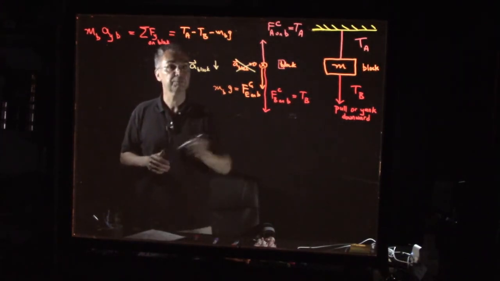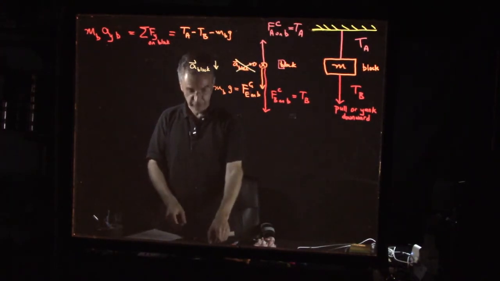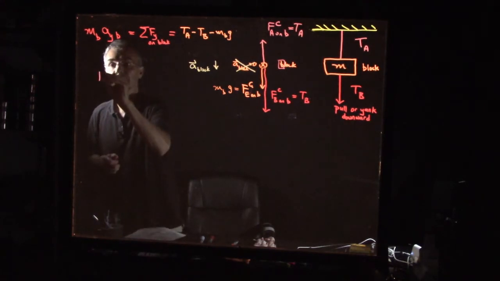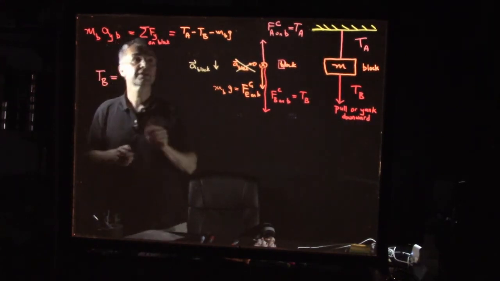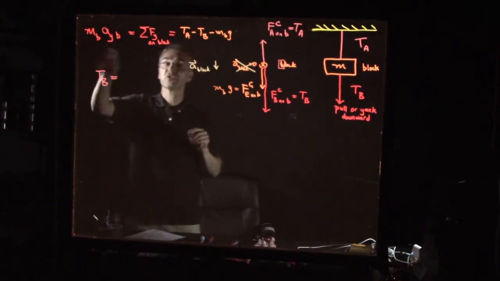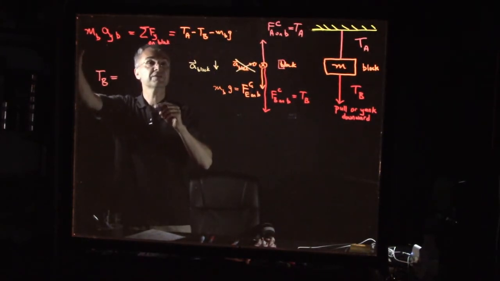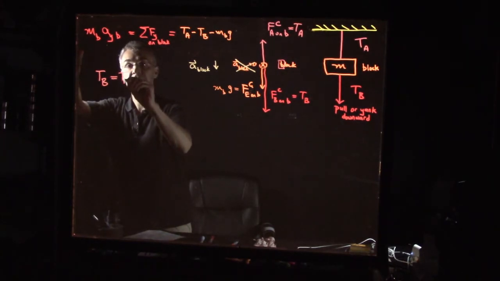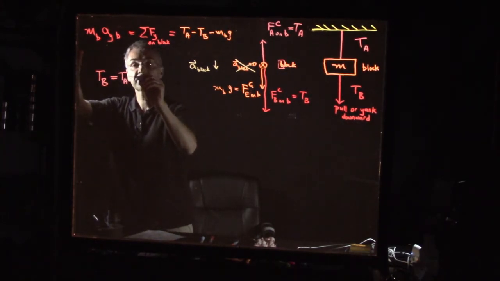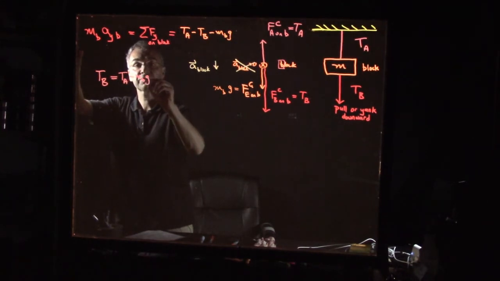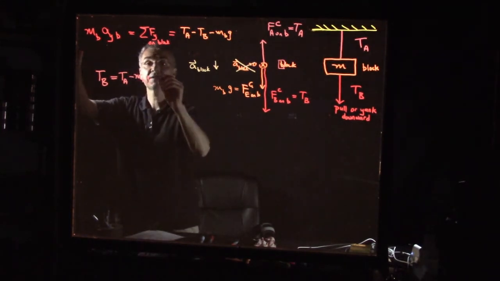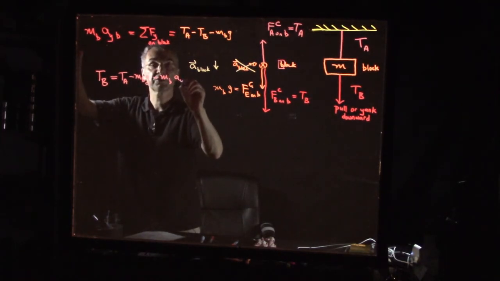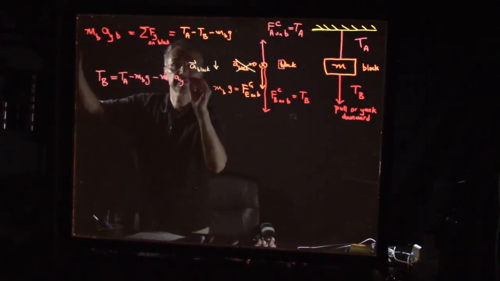So the tension in string B, it's always so hard to choose a color. I'll move this over to the other side. So the tension in string B is the tension in string A minus the mass of the block times g, and then minus the mass of the block times this vertical acceleration of the block.